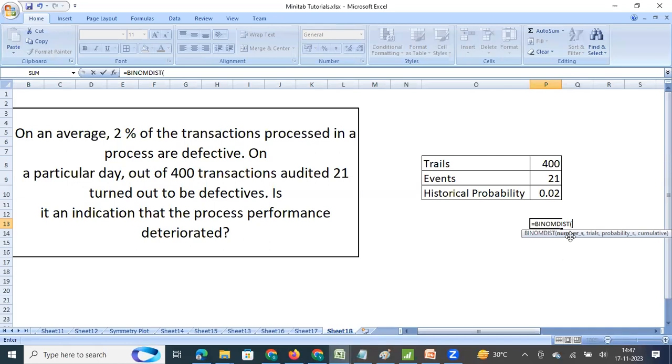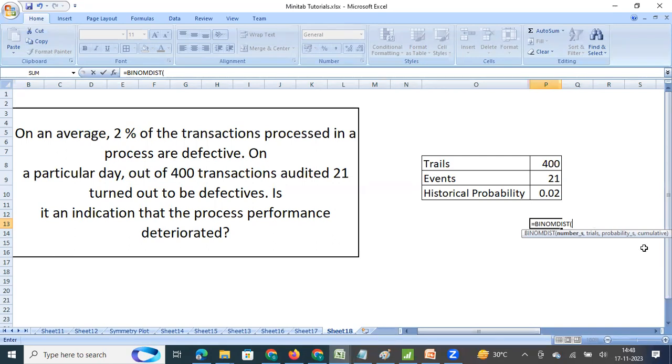Number. The word number here represents the number of defects that we have identified in this particular example. Trials represents the number of transactions that we have audited in this example. Probability represents the historical probability of this particular event occurring. And finally, there is a place where I can type cumulative.